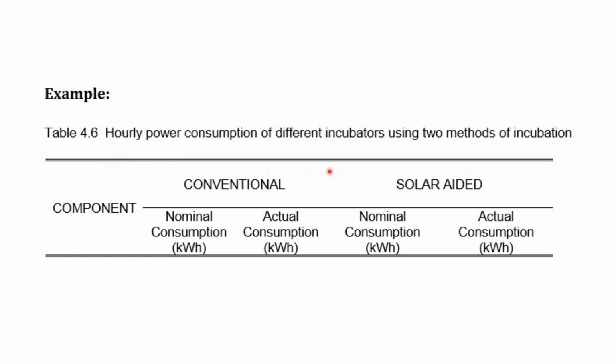see here. And also below you have a double solid line, which demarcates the start and the end of that table. And also you can see here the first level heading is in capital letters. As you can see here, component, conventional, and solar aided are in capitalized case.